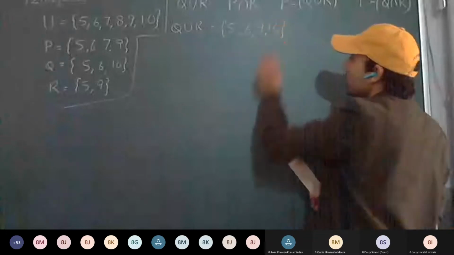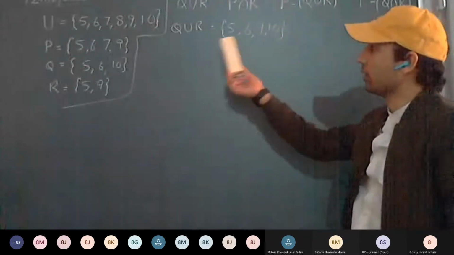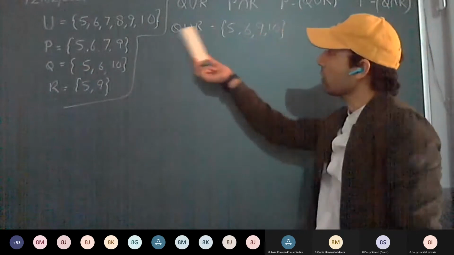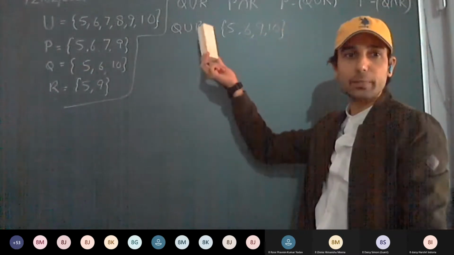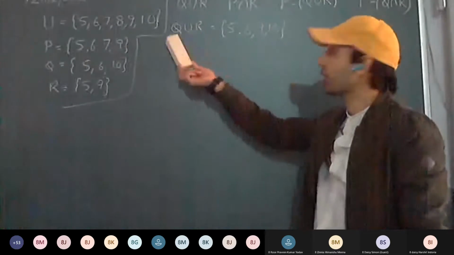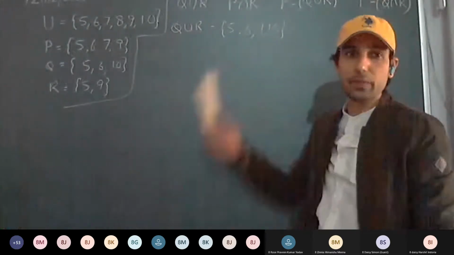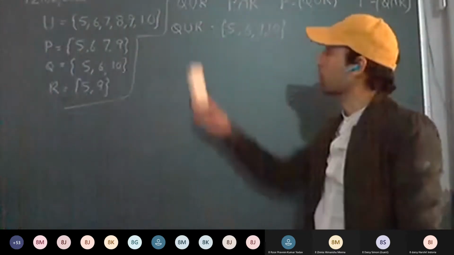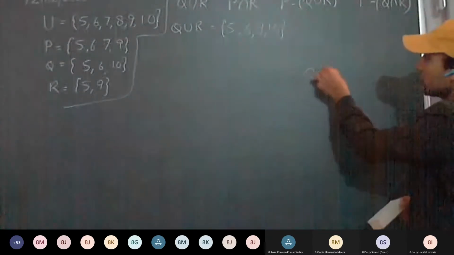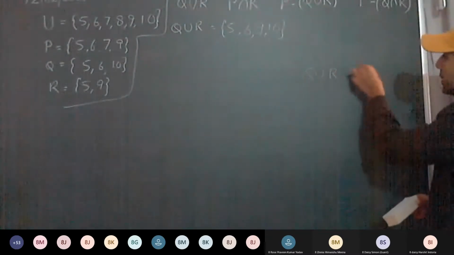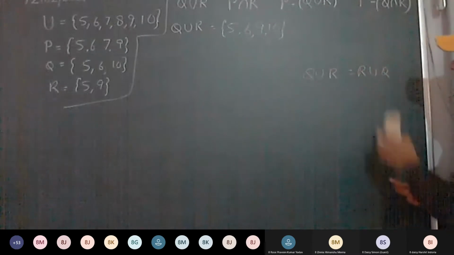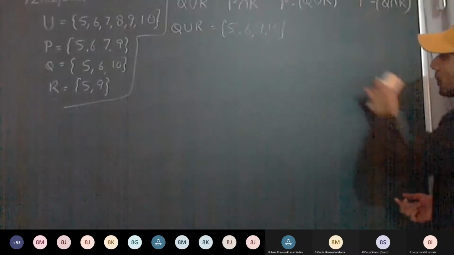This is Q union R. Q union R or R union Q, both are the same, because sets follow the commutative law. That is, Q union R is the same as R union Q.